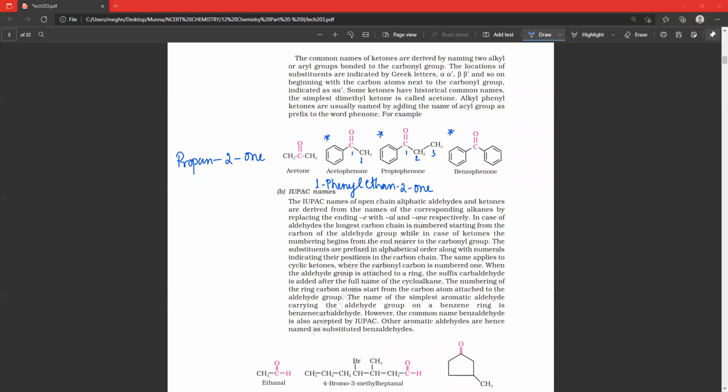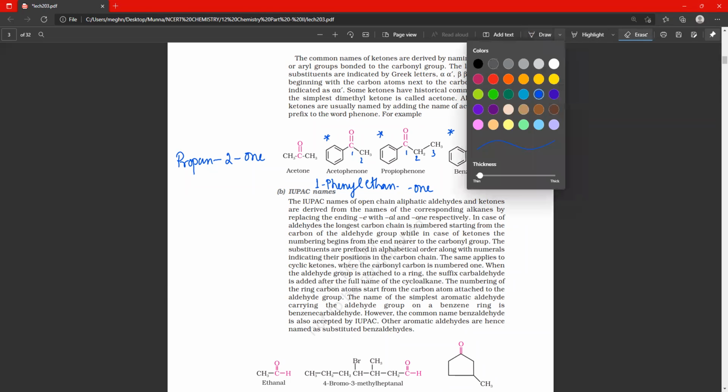See, exactly same. It's 1-phenyl ethane. Sorry, it's 1-one. I made a mistake. Children, please take this one. It's going to be ethane 1-one. I hope all of you can make out.